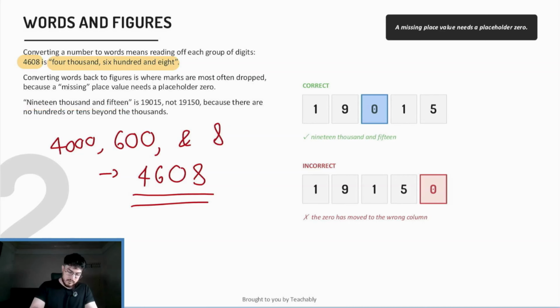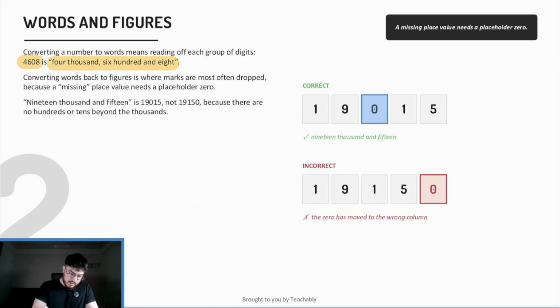I know it's visualized here, but let's just run through that again, just so it makes a lot of sense. So what is 19,000? Well, 1,000 is always followed by 3 zeros. So we've got 19 followed by 3 zeros. Then it says 19,015. So let's actually get rid of that comma.